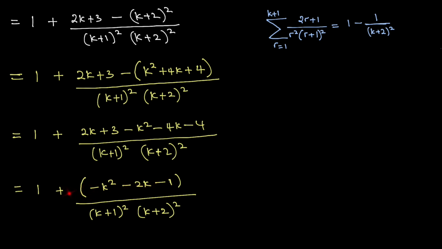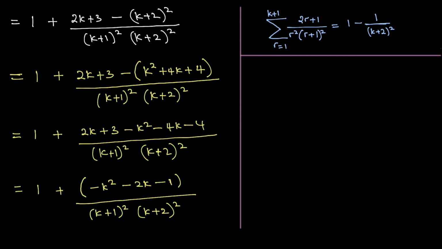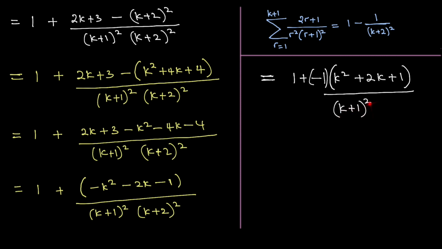If I take minus out, I would get 1 plus, minus 1 times (k squared plus 2k plus 1), because I've taken minus 1 out. But if I multiply it out again, I'll get that back. Over the denominator here, which is (k+1)^2 and (k+2)^2.